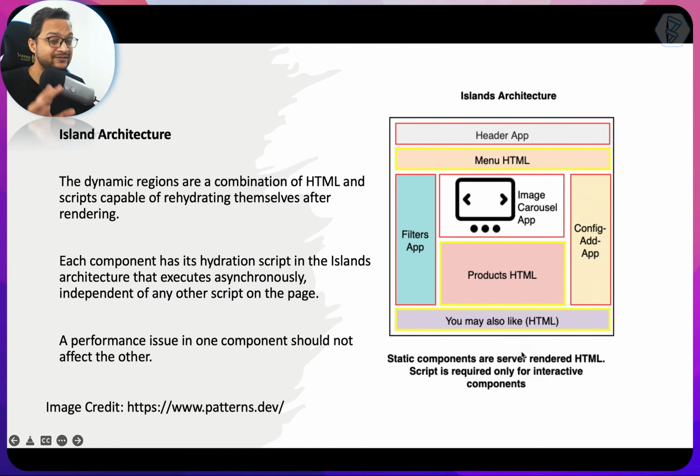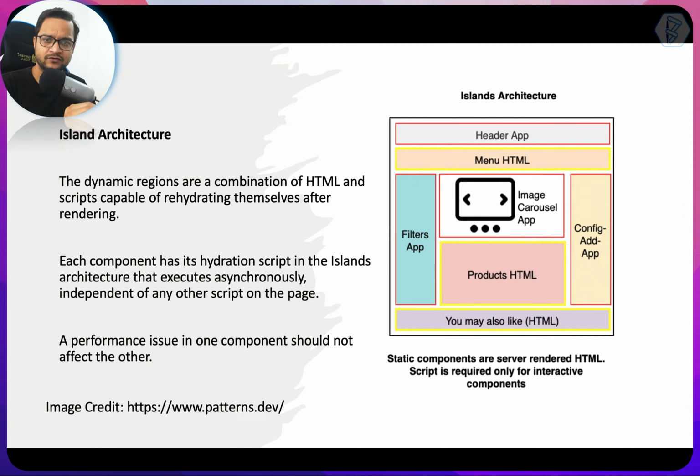Okay, so it says that all the static components, that means components which don't require any JavaScript, are rendered on the server and shipped directly. So here you can see the yellow one. We have a menu HTML. It's a static one. It's not having any interactions, it doesn't need any JavaScript.